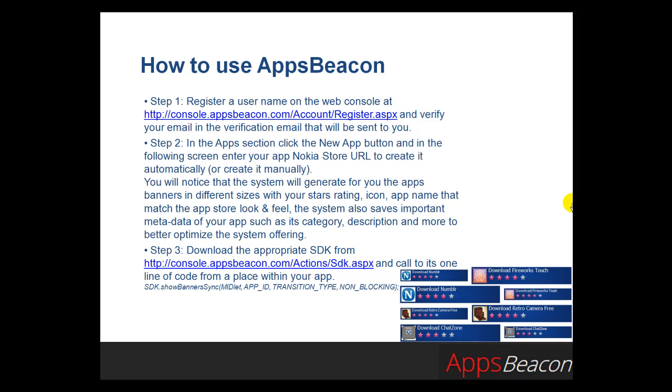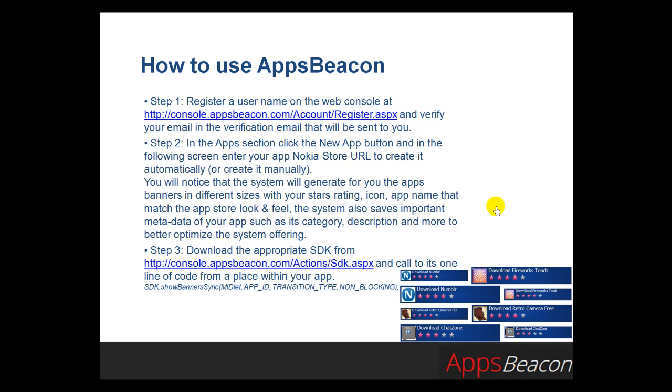The system, as I said, will automatically generate app banners in different sizes, including your store star rating, your icon, your app name. The banner will match the App Store look and feel. We also save important metadata such as category and description, and you can see some samples of banners in this slide.